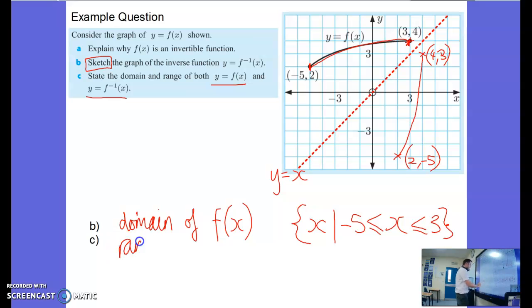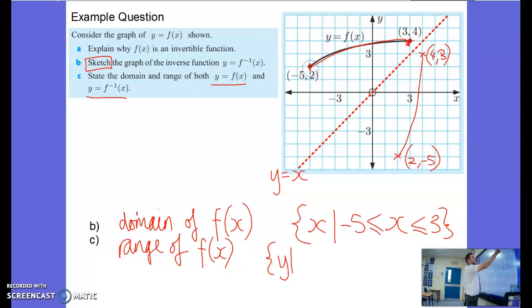The range of f of x is y. And y can be between, what's my y values? From 2 up to 4. So I've got from 2, y can be up to 4.